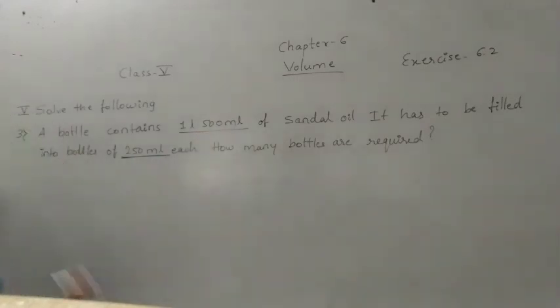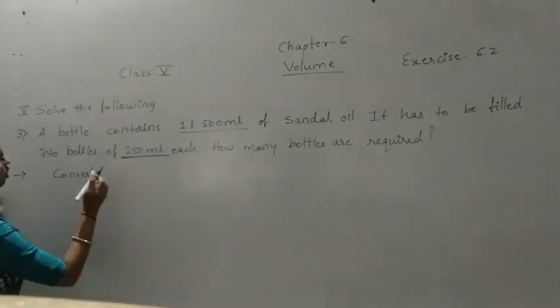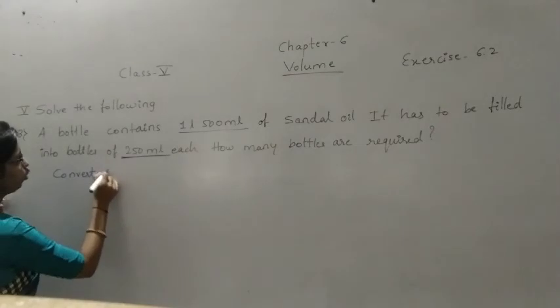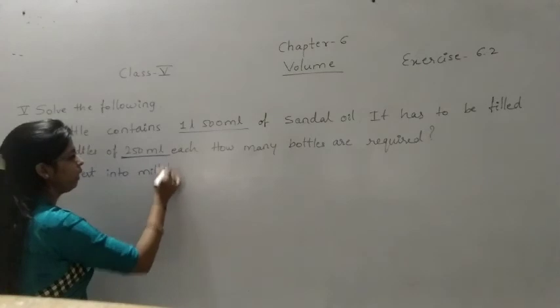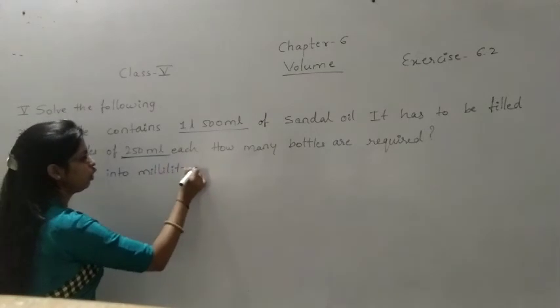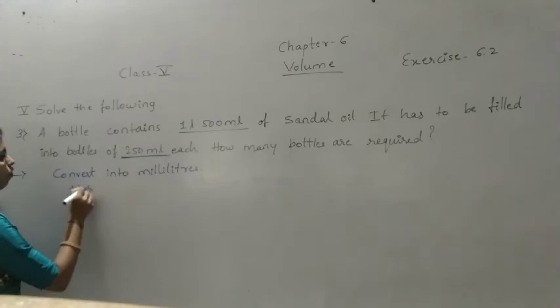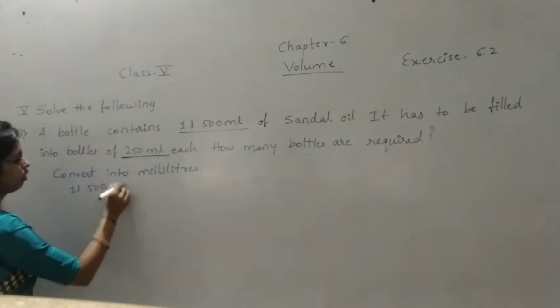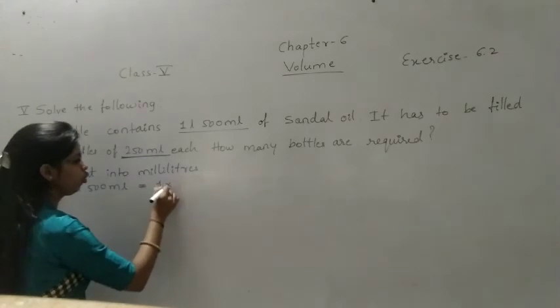First, convert into milliliter. That is 1 liter 500 milliliter. That is 1 into 1000 plus 500.